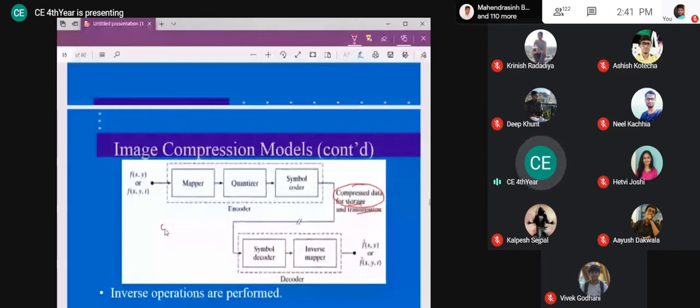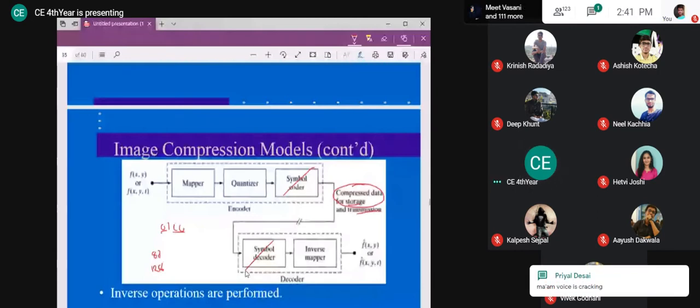Suppose it is 1, that means it is 128. 128 was coded with value 1, right? So that type of decoding is required. Depending on the coding method we have, the decoding mechanism works accordingly. We will see many coding mechanisms from now onwards, and we will see their decoding mechanisms as well, right? So decoding is required.